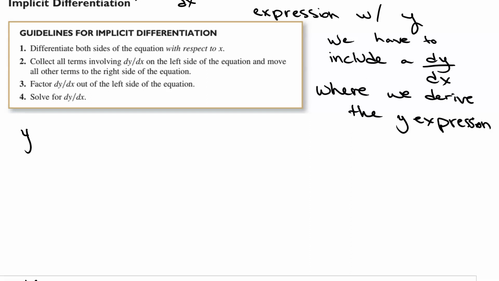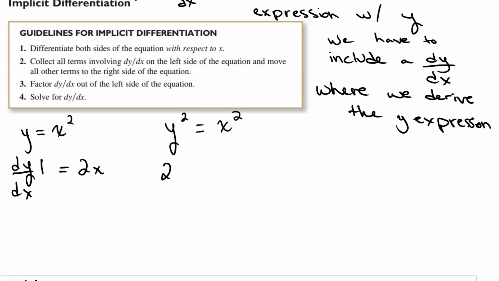But let's just think about our notation if I were to have just a basic derivative, right? We were saying that the derivative of y with respect to x is equal to 2x here, using our power rule, right? The derivative of y is 1, just like the derivative of x is 1. So we've got 1 dy dx here. In situations now, using implicit differentiation, we could have the following.